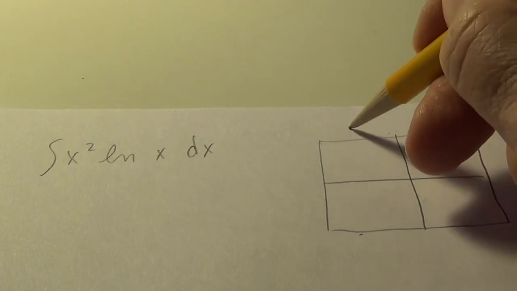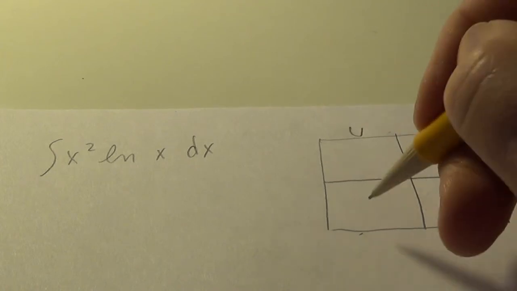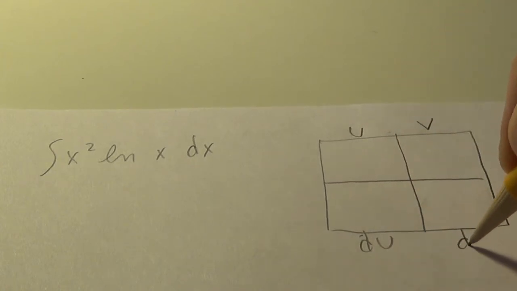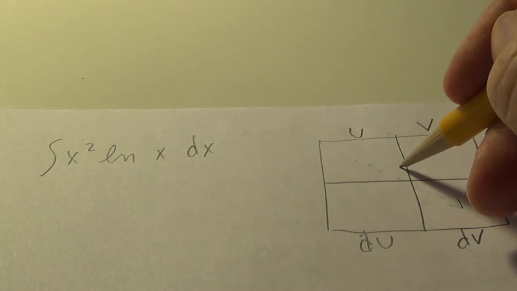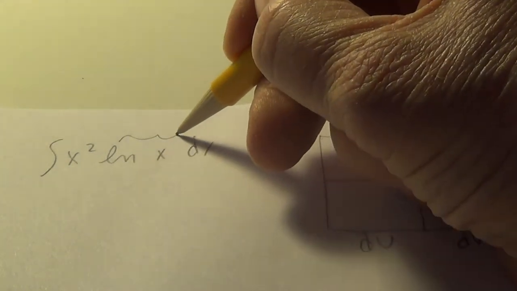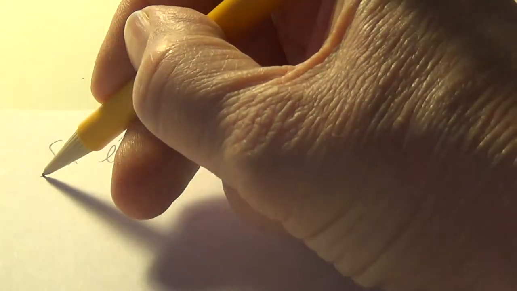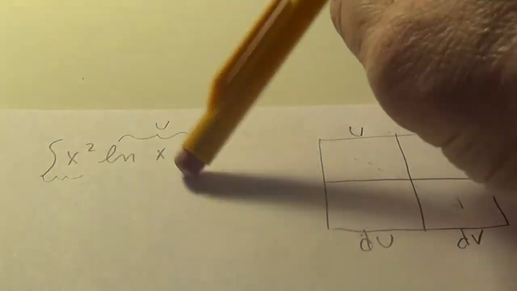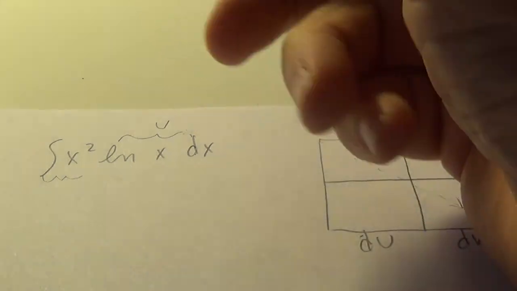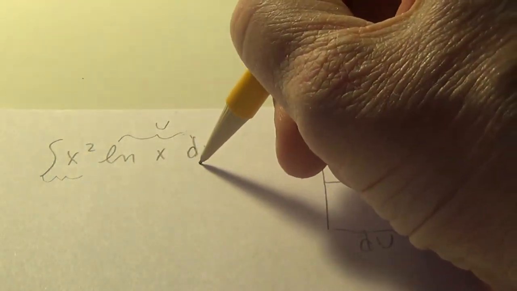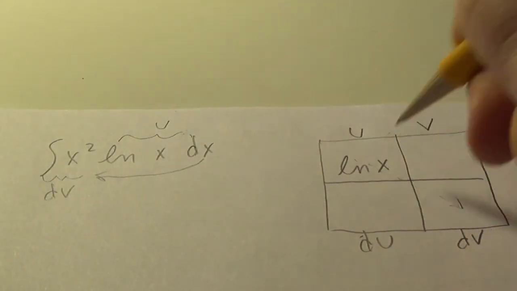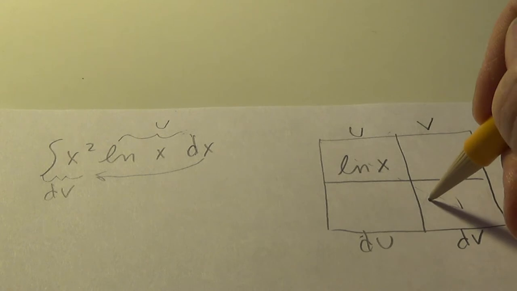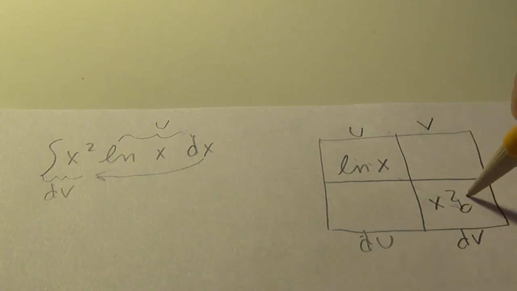I am going to put u and v on the top, du and dv on the bottom. I'm going to pick along this box. So I'm going to say that this is my u, and this along with the dx, so that'll come over here as well, is my dv. So I'm going to fill in u is ln of x, and my x squared dx is my dv.